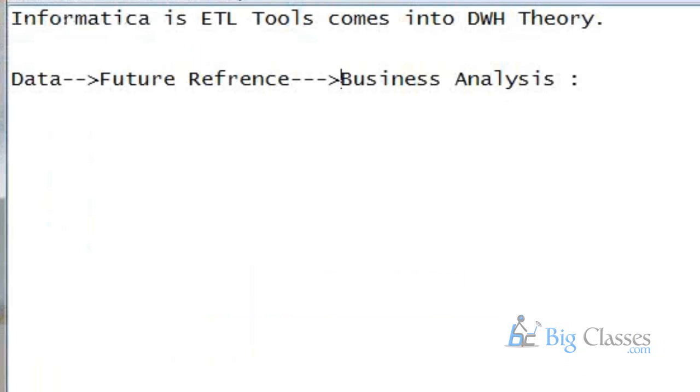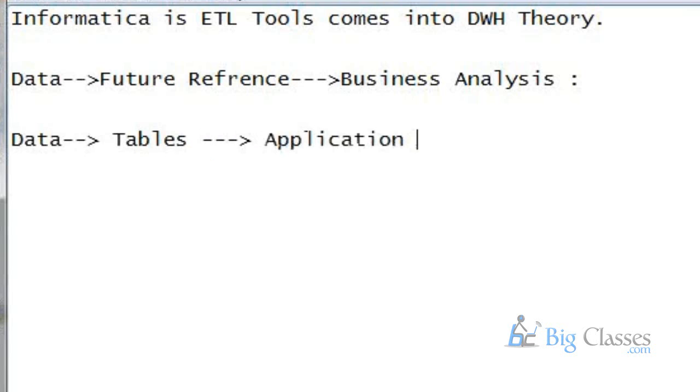We are going to store the data in the form of tables in the application databases. Application databases are the databases that support the front-end application and store the data of that application.